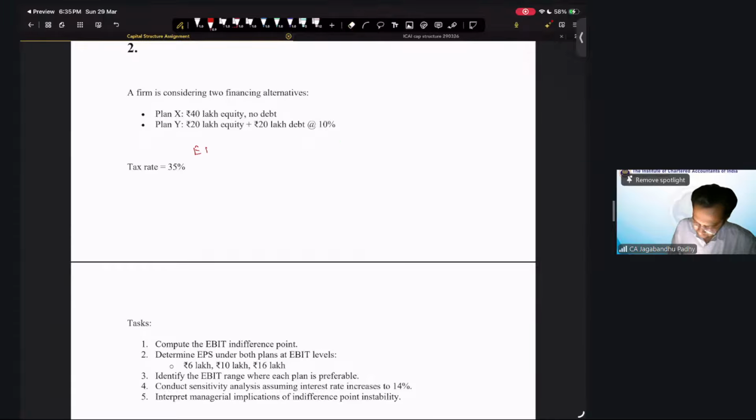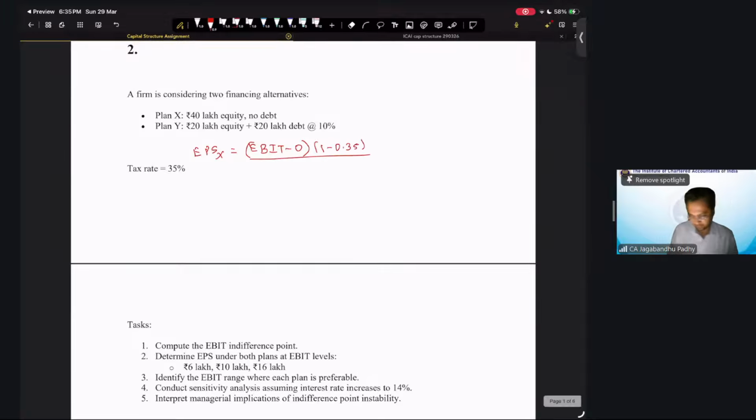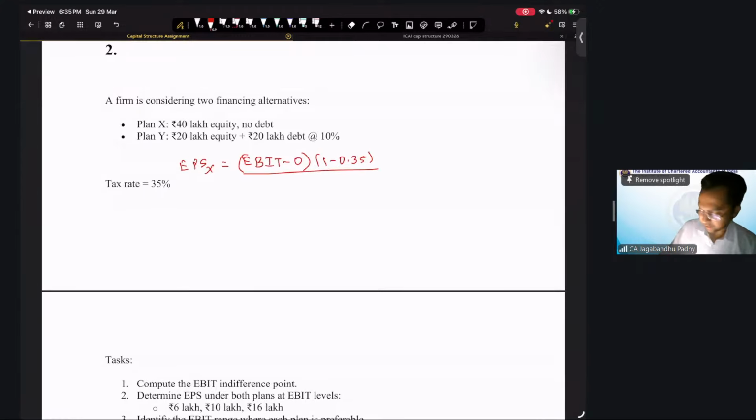So we'll say EPS of plan X is going to be EBIT minus interest, there's no interest, so EBIT minus 0, into 1 minus tax rate, which is 1 minus 0.35, upon number of equity shares.